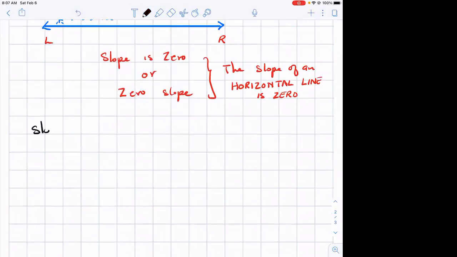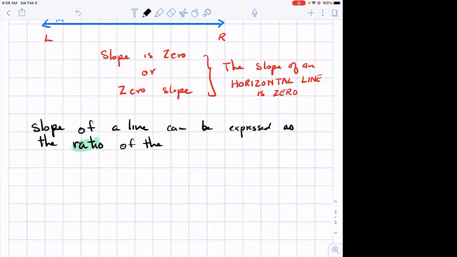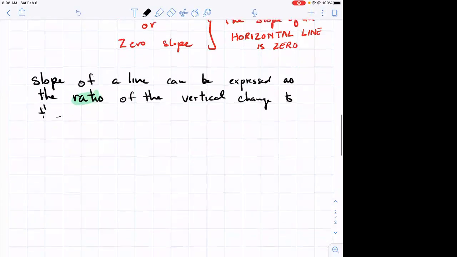So slope of a line can be expressed as the ratio, and we know that ratio means fraction, of the vertical change to the horizontal change.